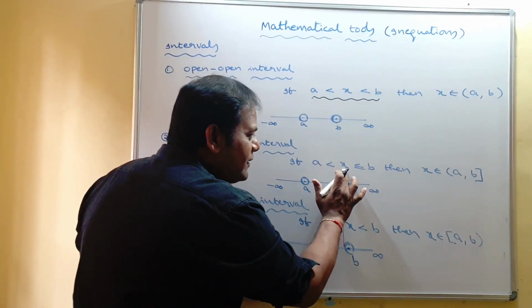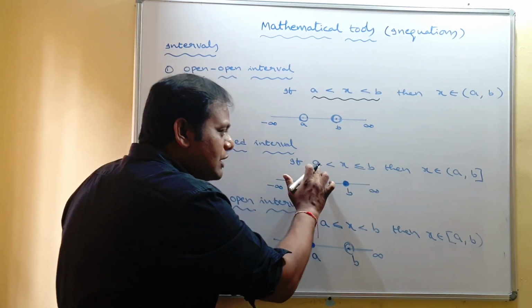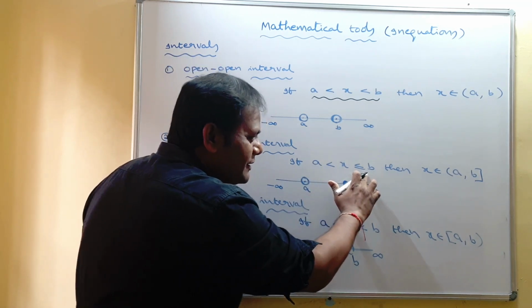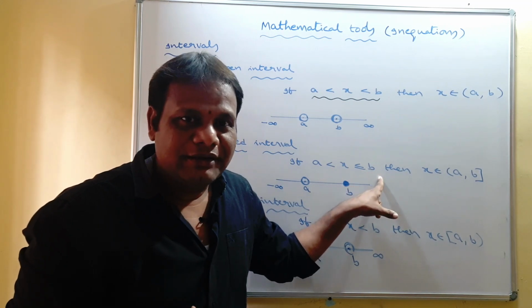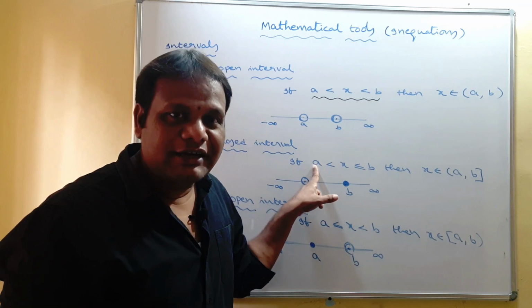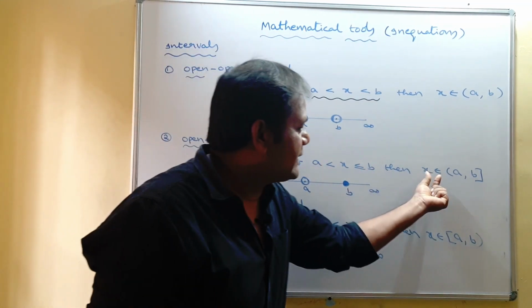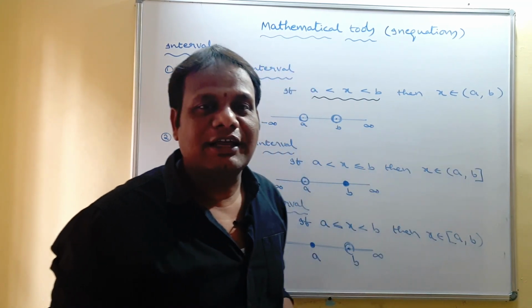You can take every value in between a and b. You can't take a, but you can take b. Why? Because we have the equal to sign at b. So b is included, but a is not included. So this is represented as x belongs to open interval a comma closed interval b.